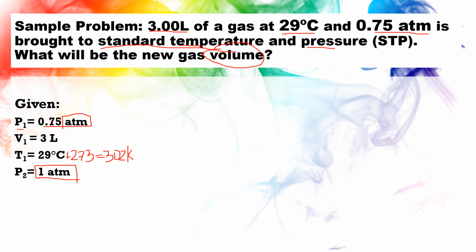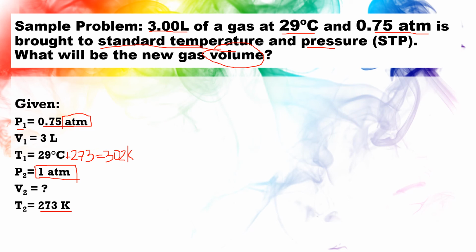So that is equal to 1. And then for the final volume, that is the unknown, and the final temperature is 273 kelvins. Again, why not the 0 degrees Celsius? Because Kelvin is the standard unit and 0 degrees Celsius is just equivalent to 273 kelvins at standard temperature.